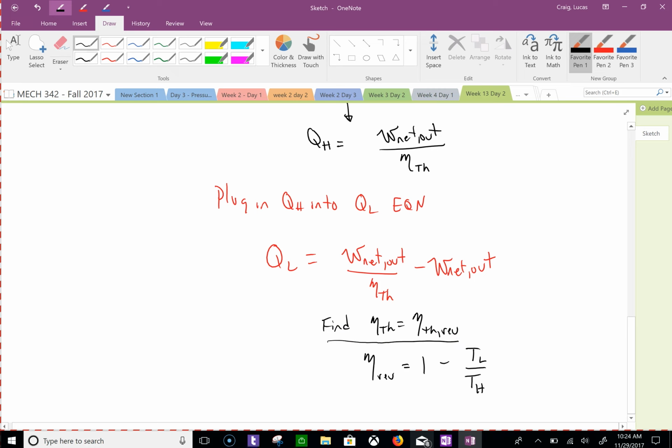So what I defined the efficiency above was for a heat engine. But now that we have a Carnot cycle, which is a reversible system, can you double check? That should be the equation that we had for a Carnot cycle, right? For heat engine? 1 minus TL over TH, right? Okay.